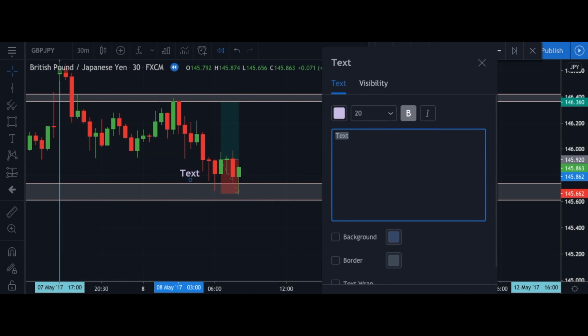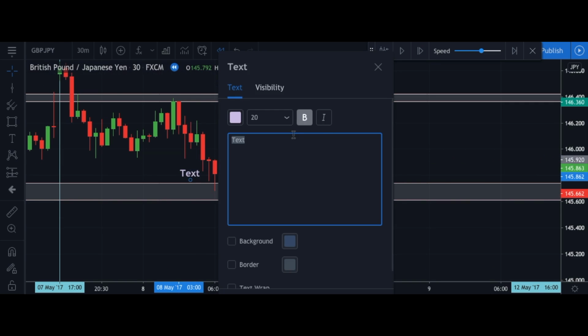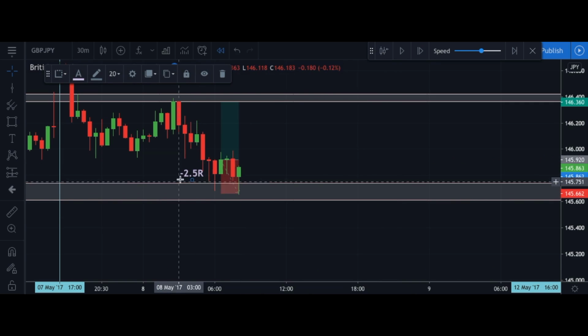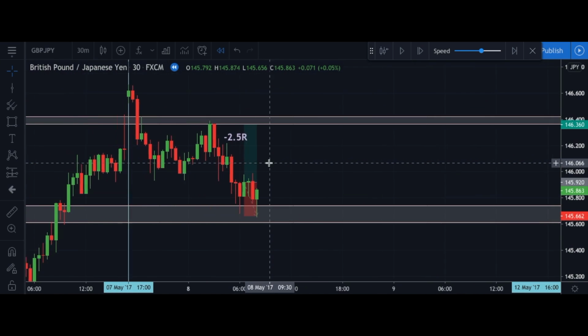So this is 25 pips, so this is a negative 2.5 risk. So that's how I would kind of keep it there, and I would just put this here. So this is what I'm going to add up at the end, and I would pretty much just keep going.